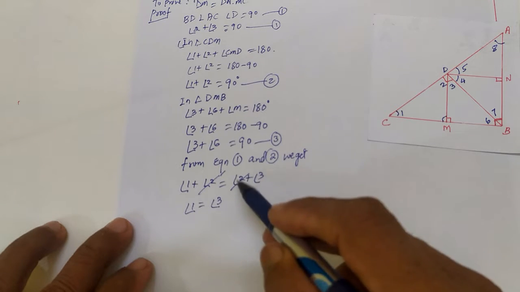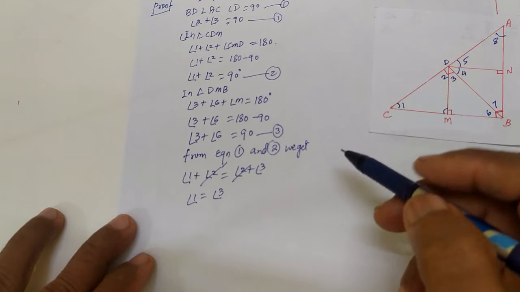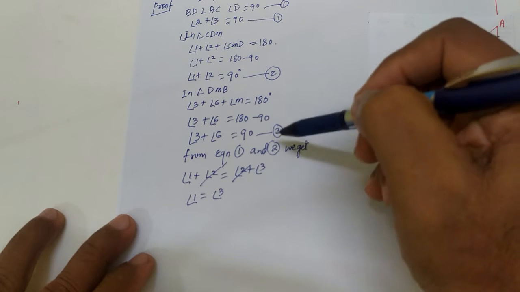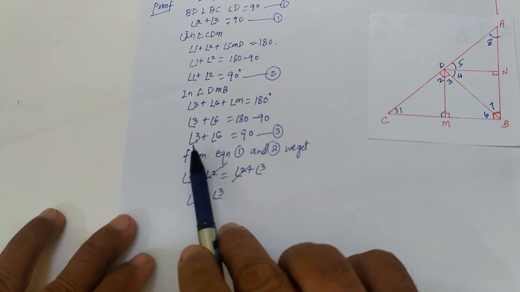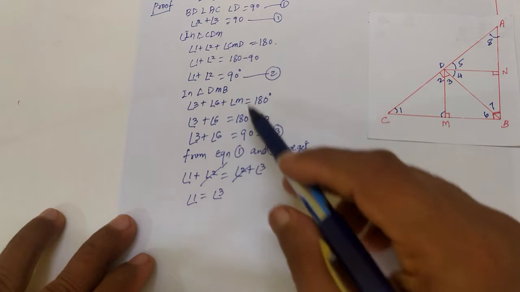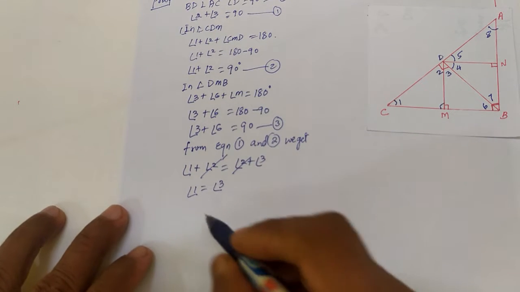We have found out the relation between these two angles. Now we will take equation 1 and 3. Here we have angle 2 plus angle 3 and angle 3 plus angle 6. One side of it is 90. Therefore the other side we can equate it.